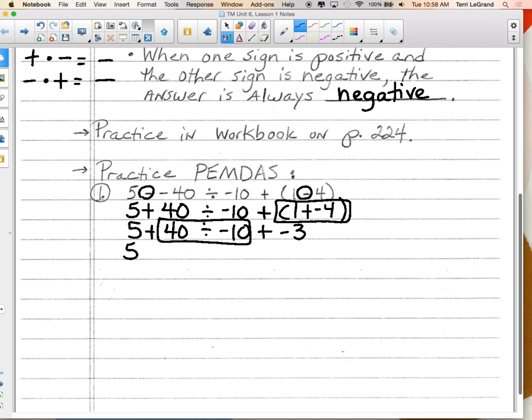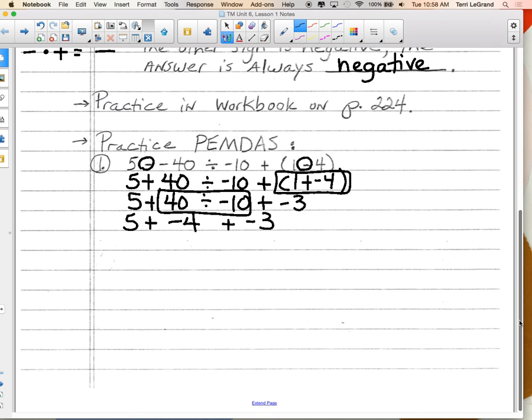And everything else just comes along. 40 divided by -10. A positive divided by a negative, class, is a negative, and 40 divided by 10 is 4. So we have a -4 for that box. And bring down our plus -3.